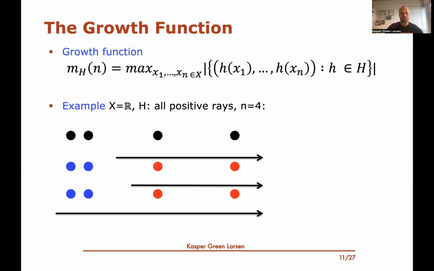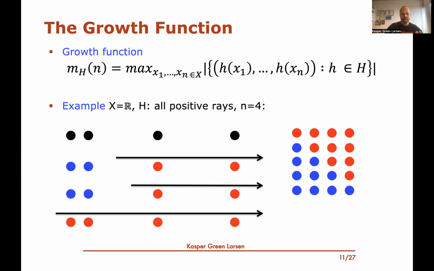Okay, so you could also have a positive ray that spans all the 4 points, and this would generate this labeling of the 4 points. So if you look at the different ways we can assign labels to these 4 points using a positive ray, you'll see that there are really only these 5 different labelings.